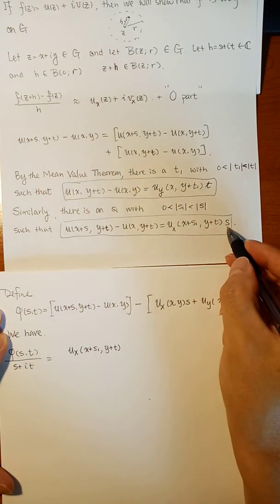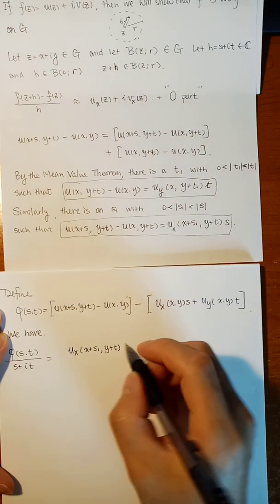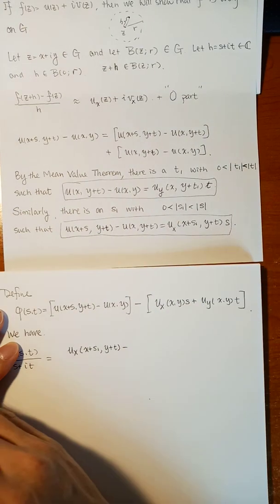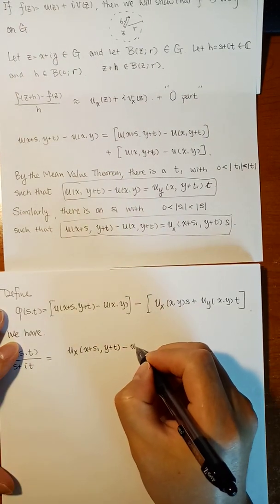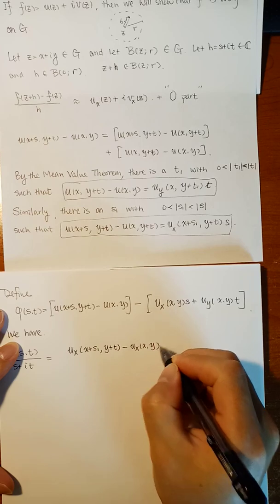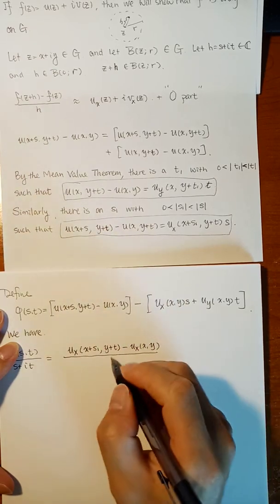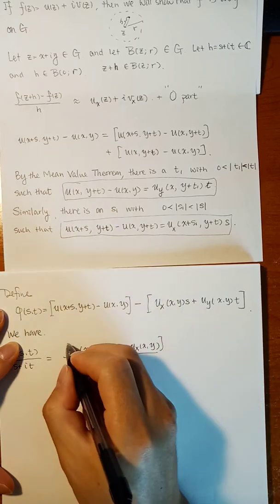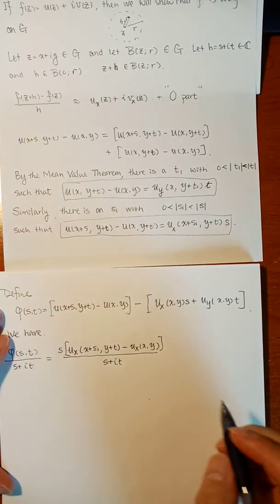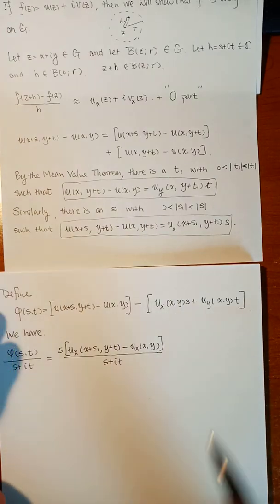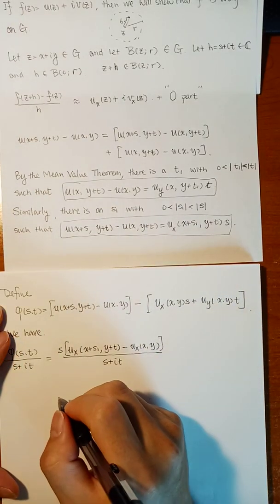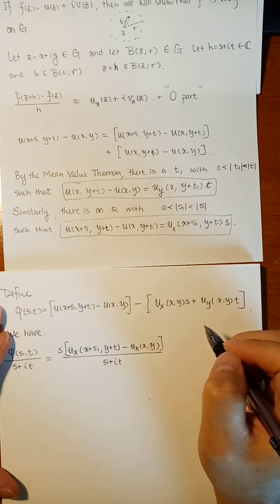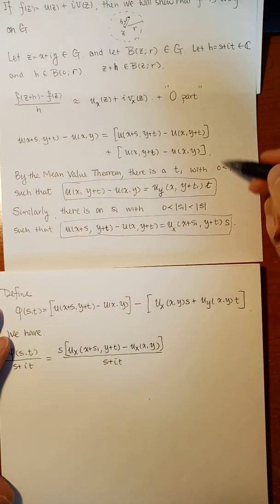U sub x is related to s, right? So this one has coefficient s, this one also has coefficient s. We factor out coefficient s. And for the y part, remember, this is a sum.